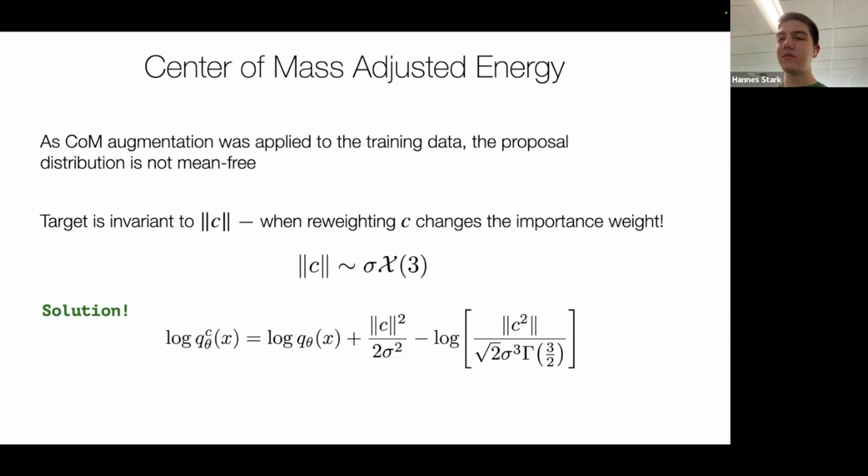Yeah, it's a good question. Another approach would be to take out one of the atoms and operate on the smaller degrees of freedom. This design choice was experimentally motivated.